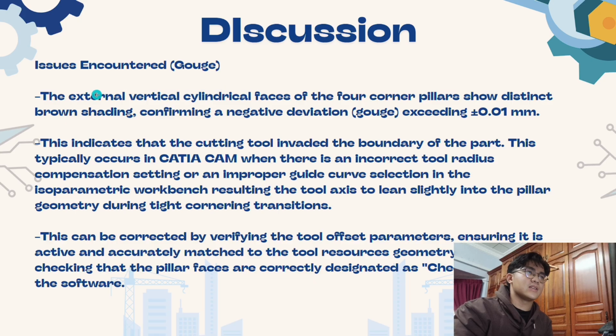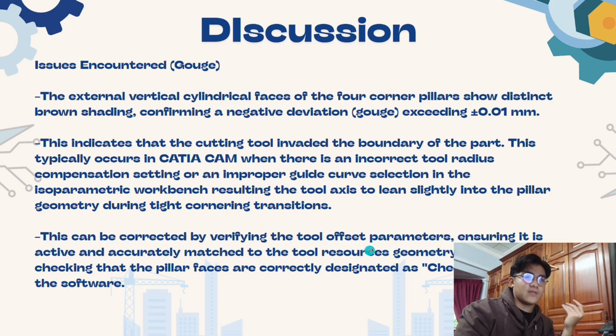Next, we have the gauge issues. The external vertical cylindrical faces of the four pillars show a negative deviation, the gauge exceeding 0.01 millimeter tolerance, which indicates that the cutting tool invaded the boundary of the part. This typically occurs in CATIA CAM when there is an incorrect tool radius compensation setting or an improper guide curve selection in the isoparametric workbench, resulting in the tool axis leaning slightly into the pillar geometry during tight cornering transitions.